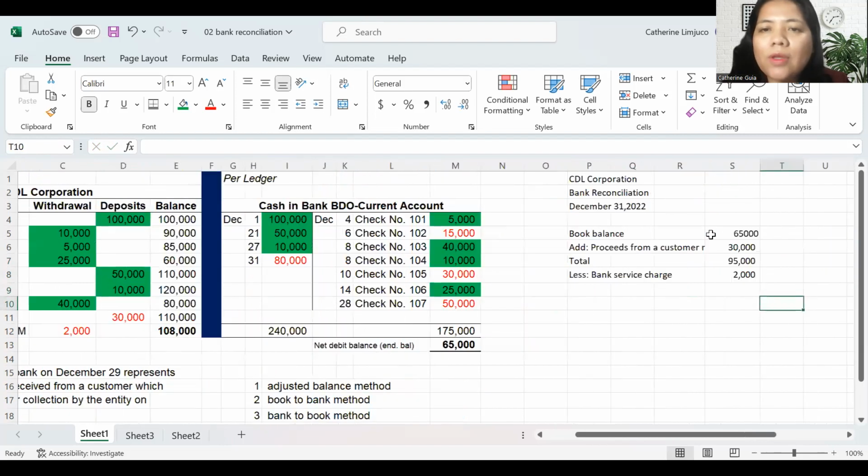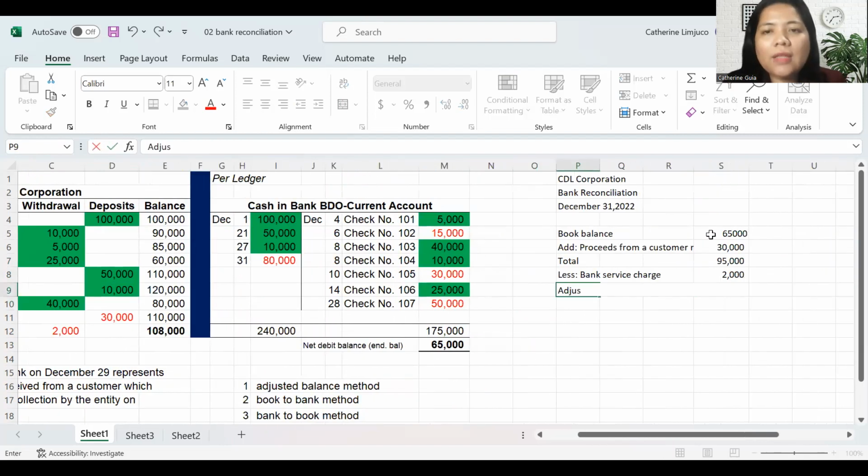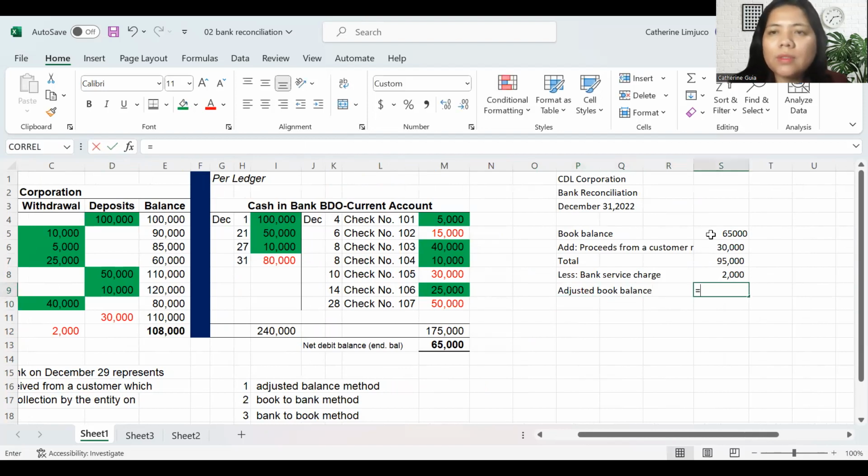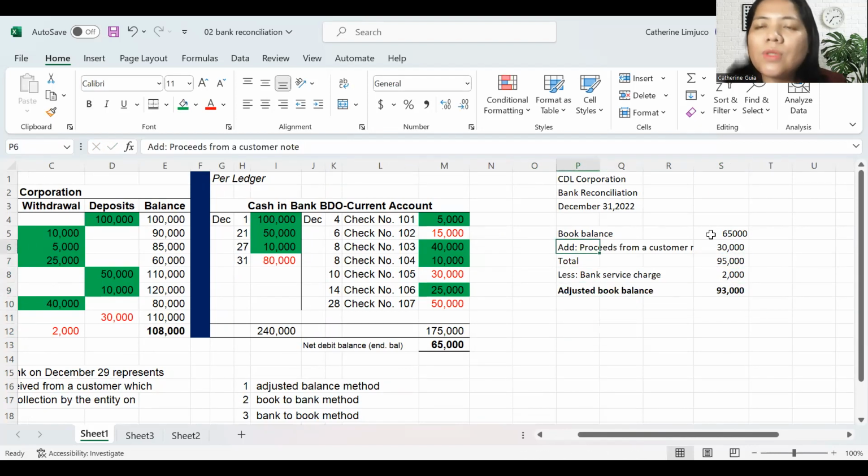At this point, this is our adjusted book balance. So we have an adjusted book balance of 93,000.